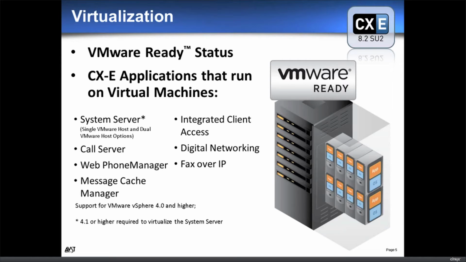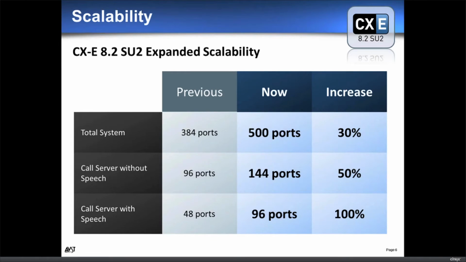To eliminate having to actually be at these servers to physically make that move, a dual VMware host dongle can be purchased from AVST. As of 8.2, Software Update 2, CXE can now grow to a total of 500 ports.